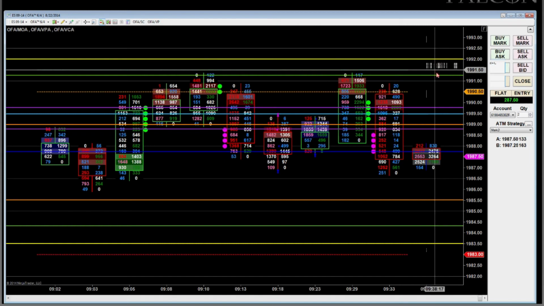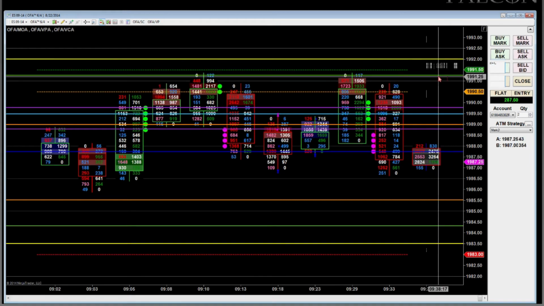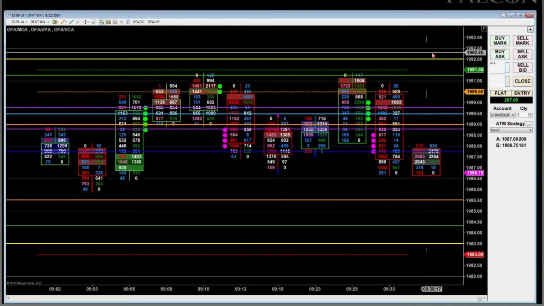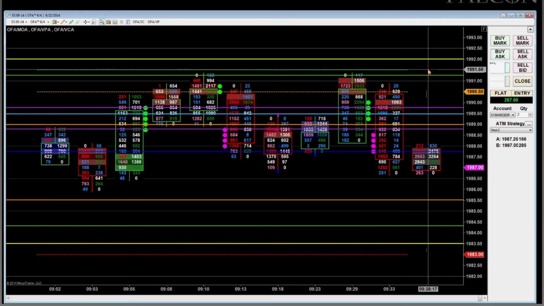If price jumps down really quickly below this IB level again, this is a low volume area intraday, I'm going to hold off. However, if we see price move up, we start to build out some volume above, and this remains an intraday low volume area, I will go long around 91.50 and look for this to kind of slowly creep higher.